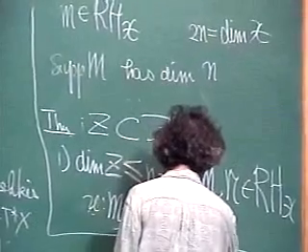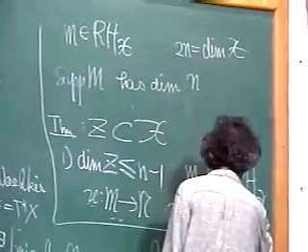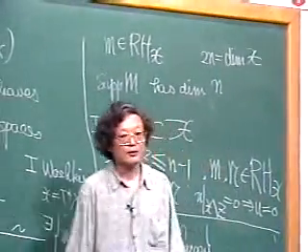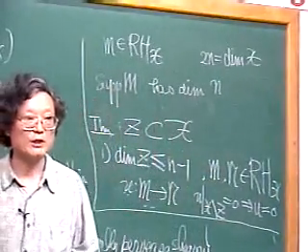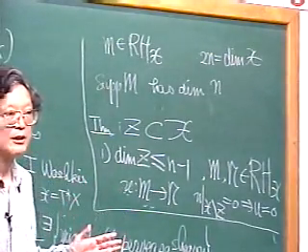And if it is 0 outside Z, then it equals 0. So it means the morphism is determined uniquely outside an n-1 dimensional set.